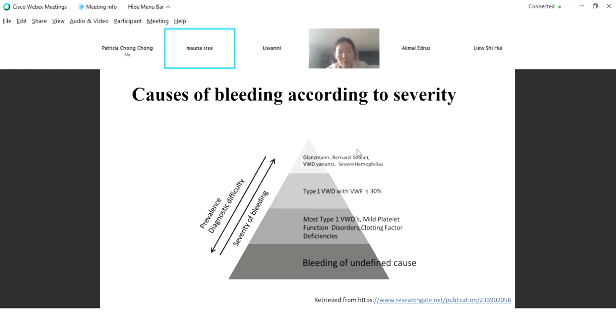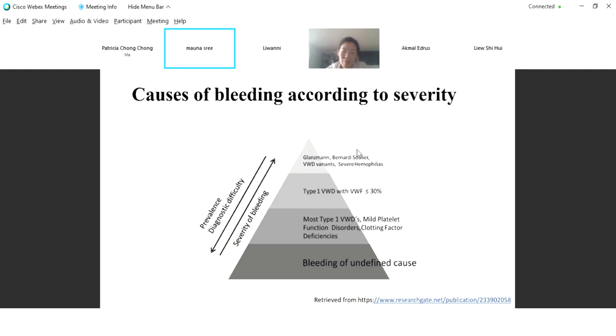So for causes of bleeding according to severity, as you can see in this diagram, in ascending order it determines the severity of bleeding. At the top of the list is Glanzmann, which is a rare cause of bleeding due to impaired function of specialized cells such as platelets. So Glanzmann, Bernard-Soulier, von Willebrand disease variant, and severe hemophilia are a very severe form of bleeding.